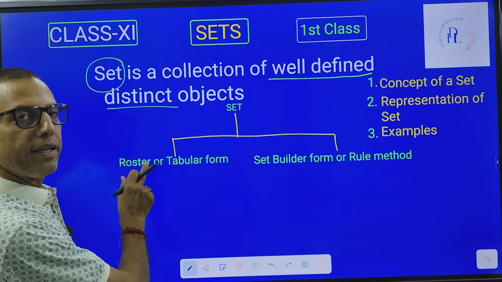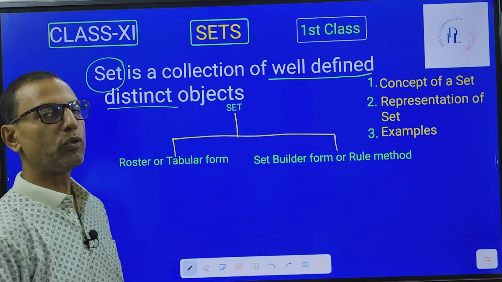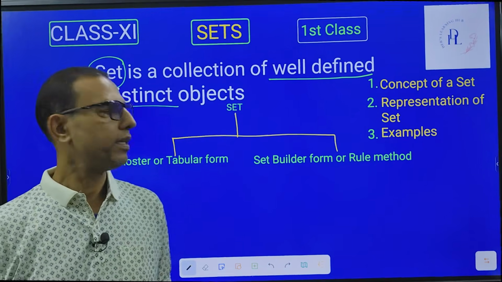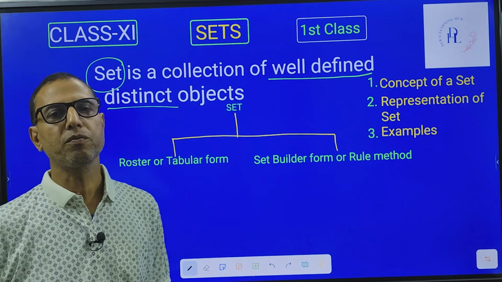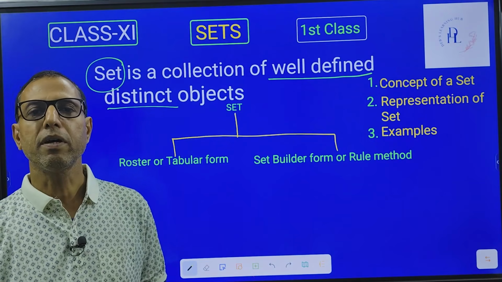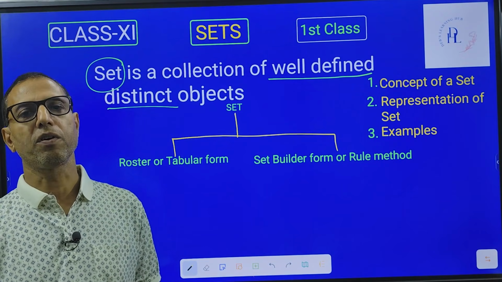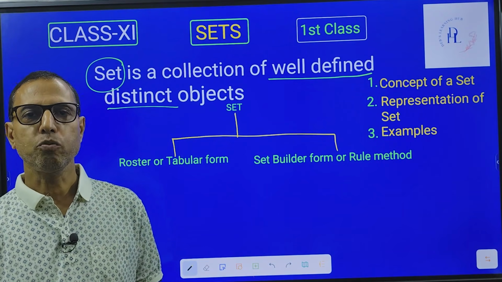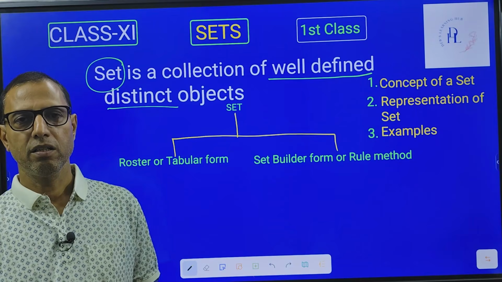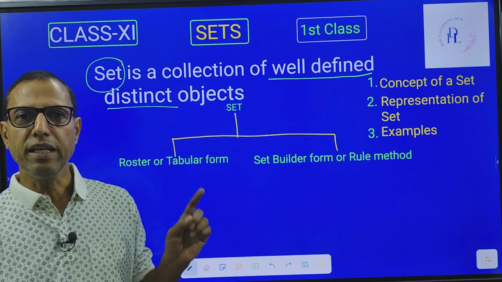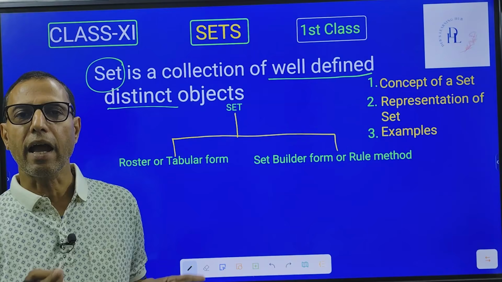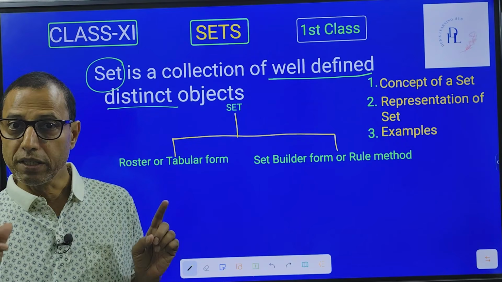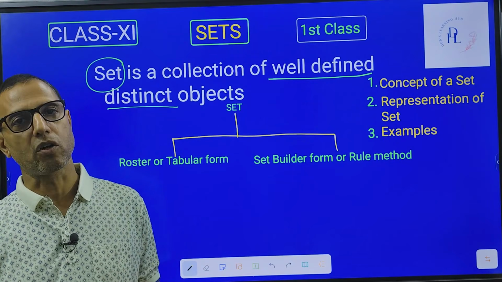Let's explain roster or tabular form first. In roster form, all the members or objects of a set have to be written within a curly bracket and with commas.